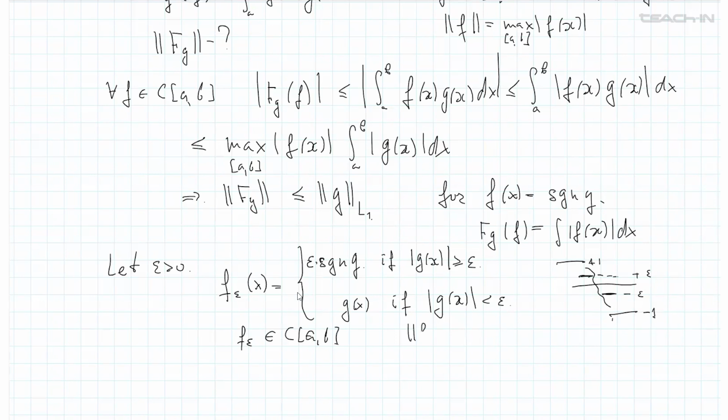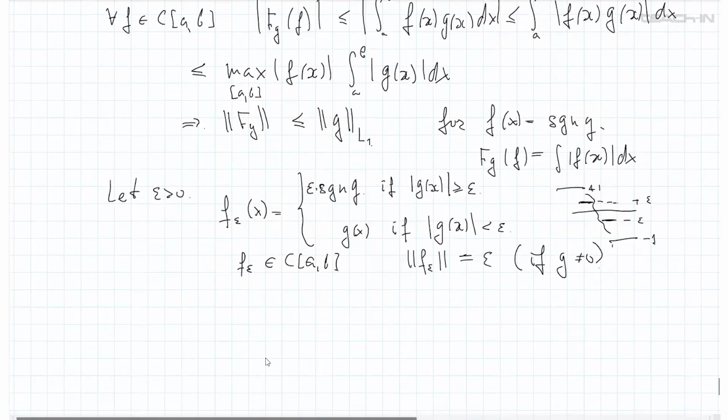And the norm of f epsilon is, well, it should be epsilon. Just its function, if g is not 0, is just epsilon, yes? If g is not 0. So let's modify this function.